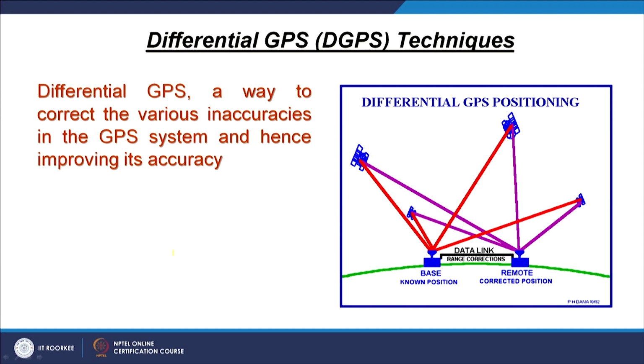For example, in differential GPS, a way to correct various inaccuracies in the GPS system and hence improve the accuracy is, as shown here, this is the base station, this is the remote or roving station. You have a direct data link with transmission and receiver here, and the same data from the same sets of satellites is being accessed. And if this is the scenario, it works very well.